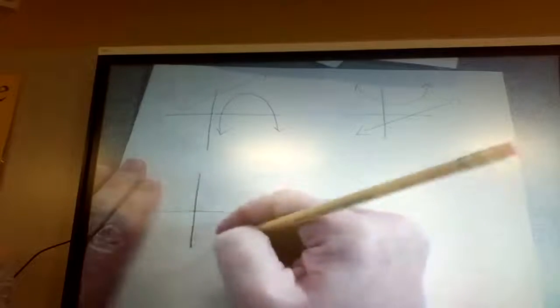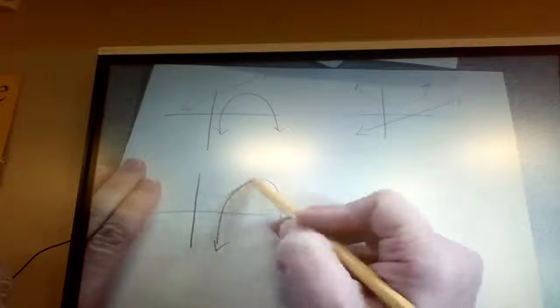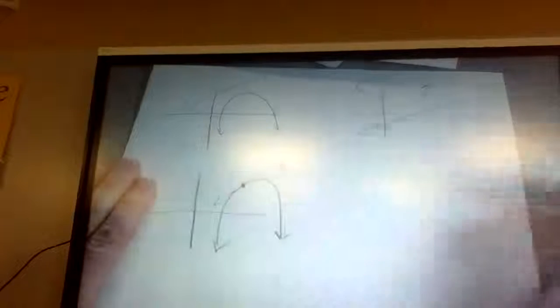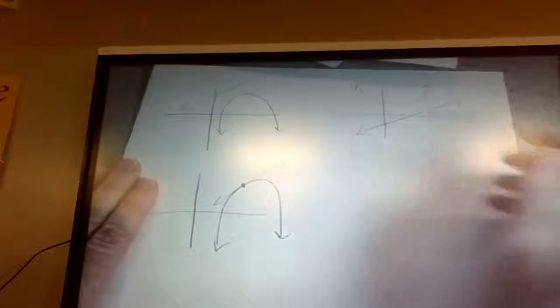If the line was above it or below it, like that. If the line was going straight up and down, I guess it could have one intercept. What about like that? I could have one, right? Yeah. Okay, so we could have 1, 2, or none.